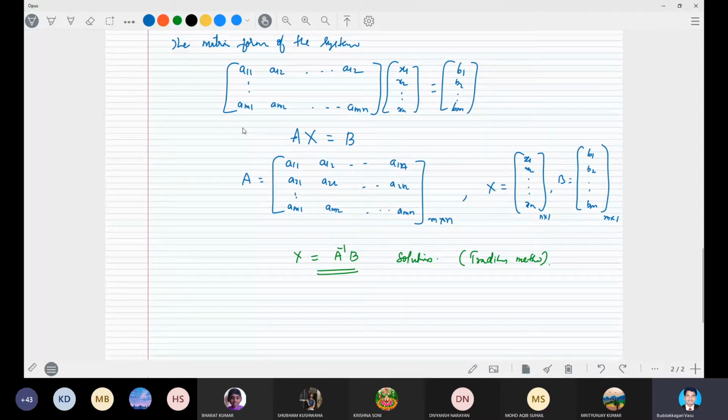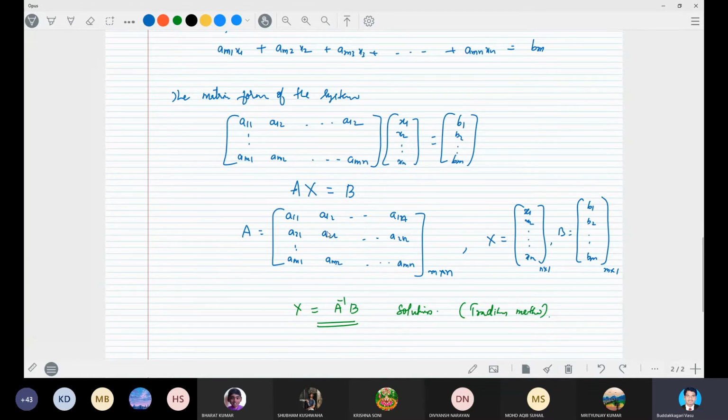Even if you follow the Cramer rule, in Cramer rule also we need to find the determinant of the matrices. The Cramer rule method also does not work out if the system consists of many equations, more than three and more, right? So in such a case, we have to follow another method for the system.